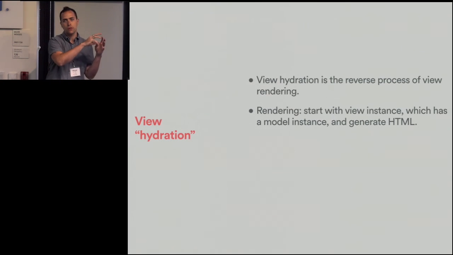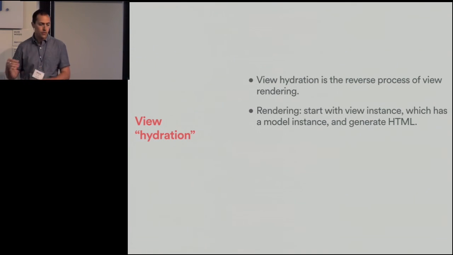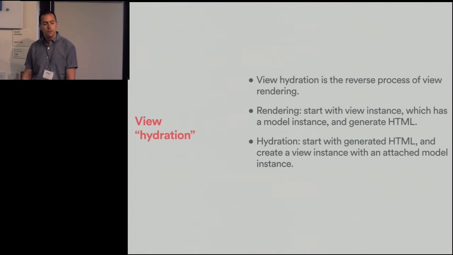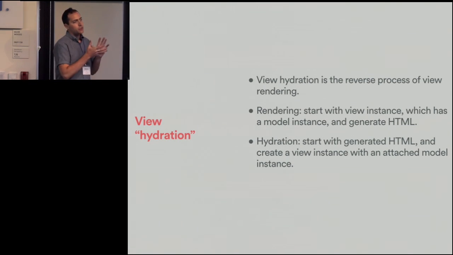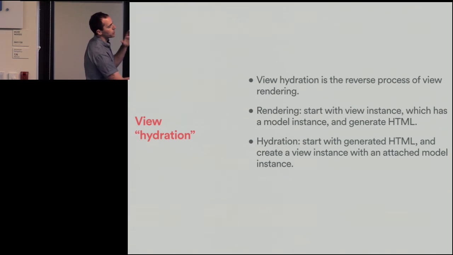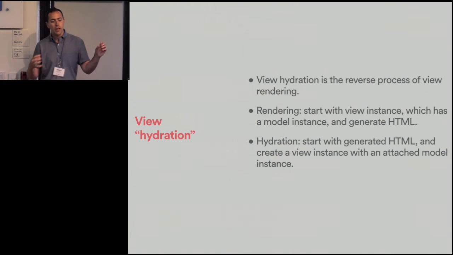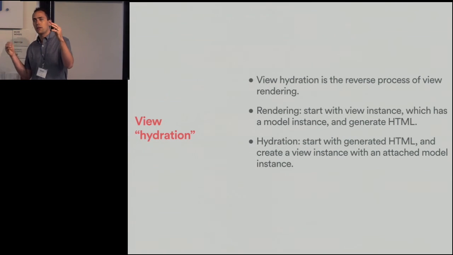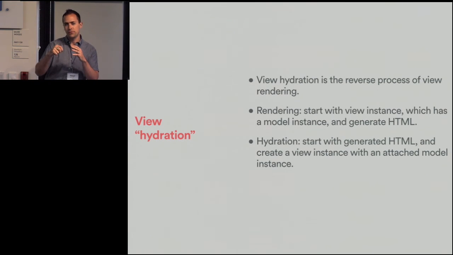So you go from your view and model to your HTML, which is simple. But with hydration, you start with that generated HTML that came to you from the server, and you need to create a view instance corresponding with that markup. And you need to create a model or a collection and attach it to that view. So it's this reverse process.